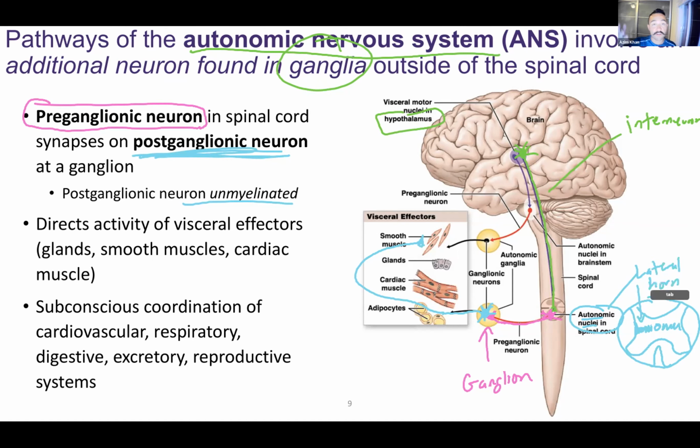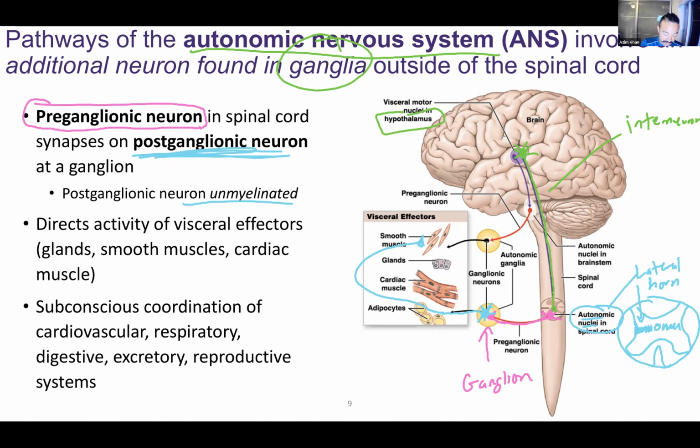The dorsal horn is for sensory, second order sensory neurons. The ventral horn is for somatic motor neurons. Lateral horns are for autonomic, preganglionic neurons. So these pathways can control everything else besides skeletal muscle.